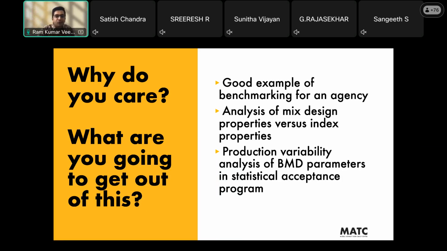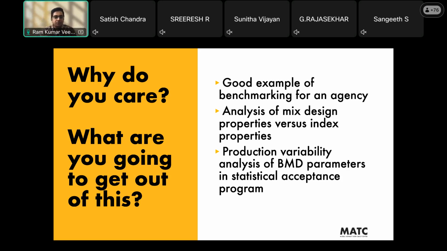So what we would like you to understand is that we would like to showcase this as an example. As research, this case example serves as a good benchmarking for an agency. So this research effort would help other agencies with their approach towards balanced mix design.